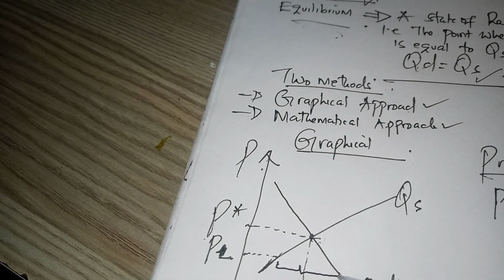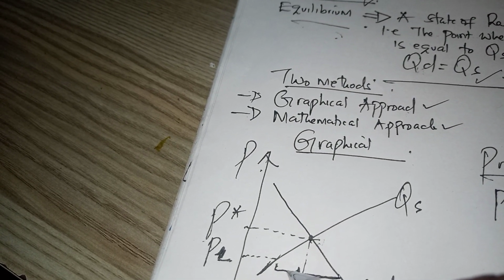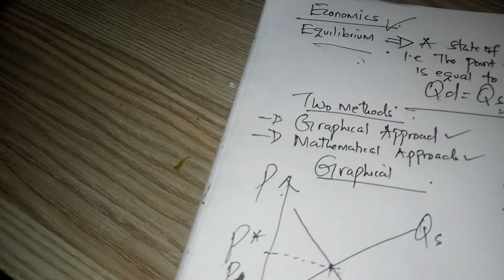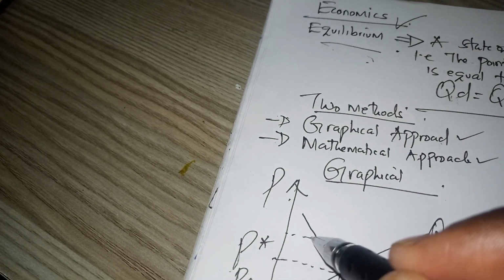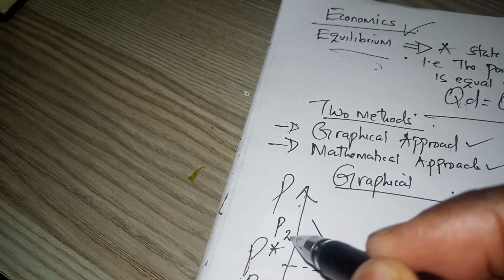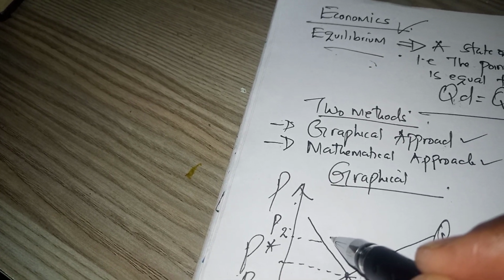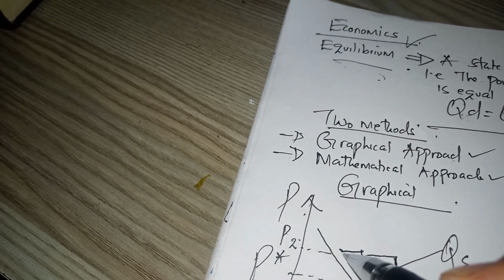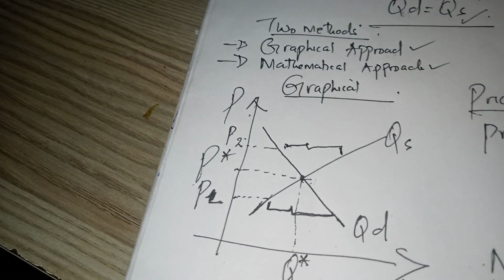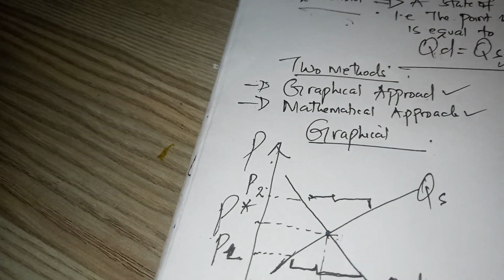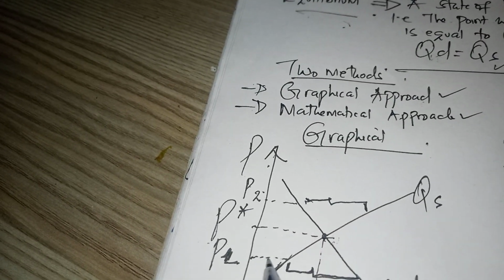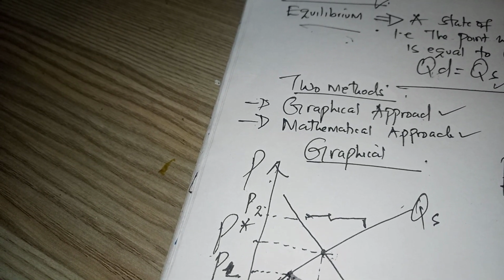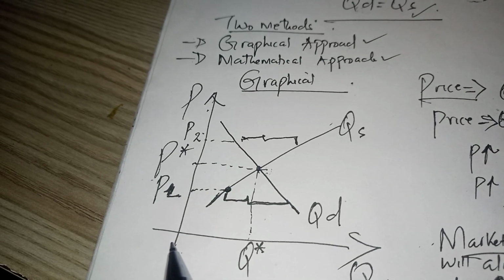So if our prices are here below the equilibrium point, we need to know what we can call this gap. And what happens if the prices are high, call it P2, we also need to know what this gap represents. So at P1, the price first touches the quantity supplied curve.